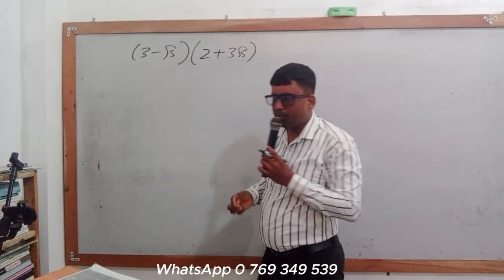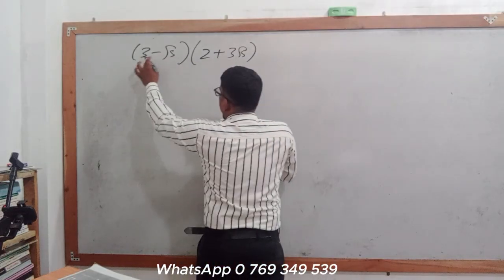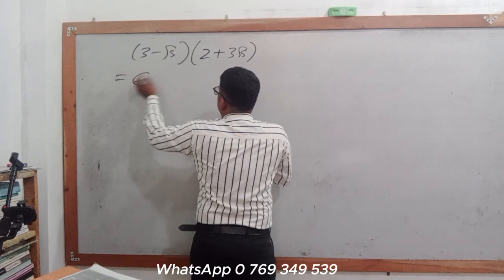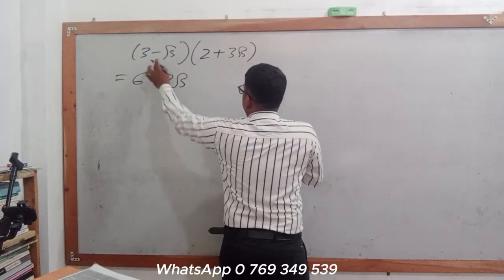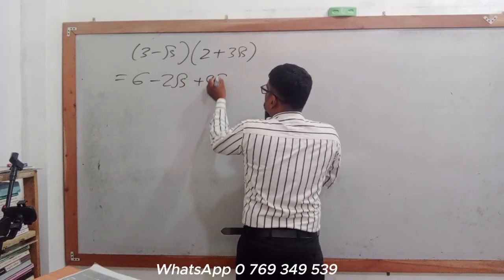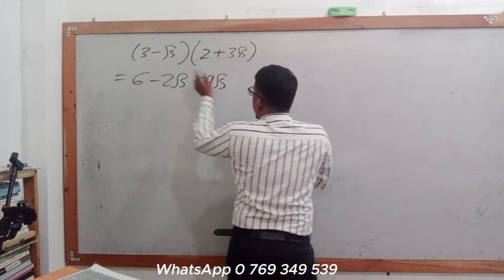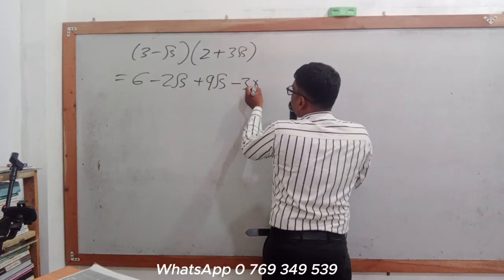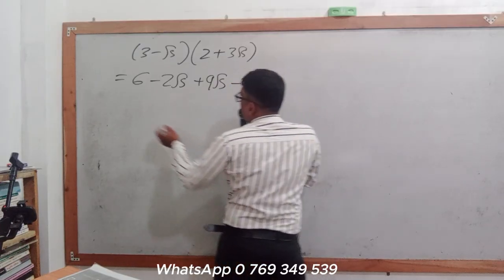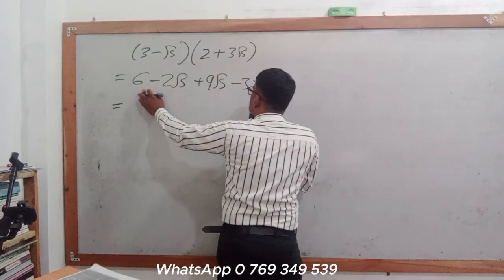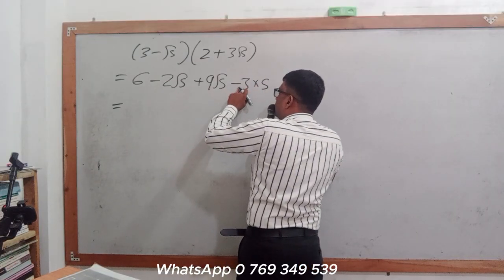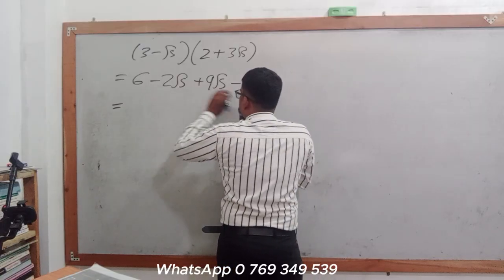Multiplication, a very simple way. 3 times 2 is 6, then minus 2 root 5, then plus 9 root 5, and then minus 3 times 5, which is minus 15.